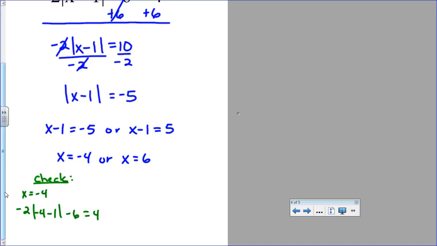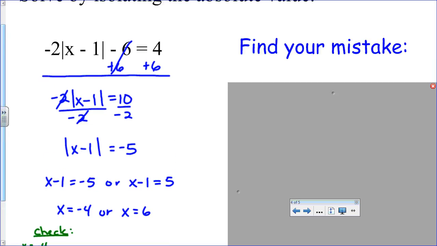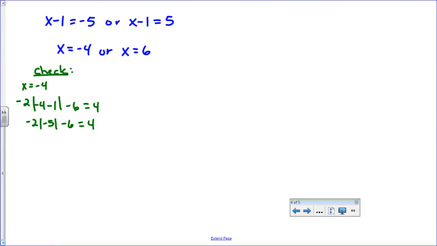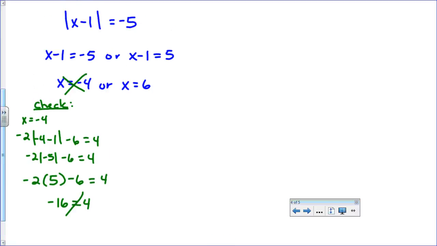Okay, so I have -2 times -5. Absolute value of -5 is +5, okay? And then I calculate this, that's -16. Does -16 equal 4? No. So this is not right.